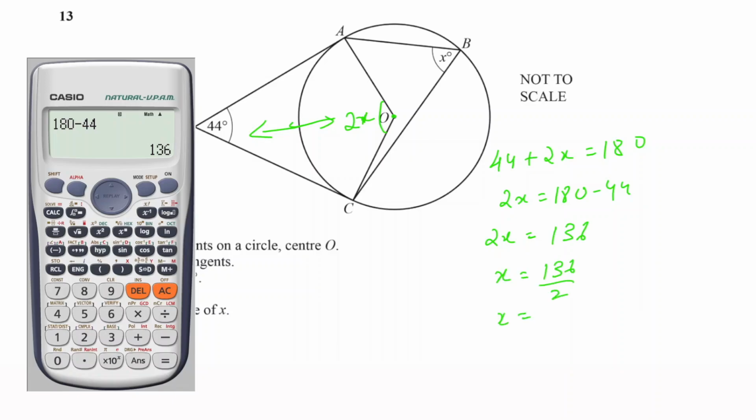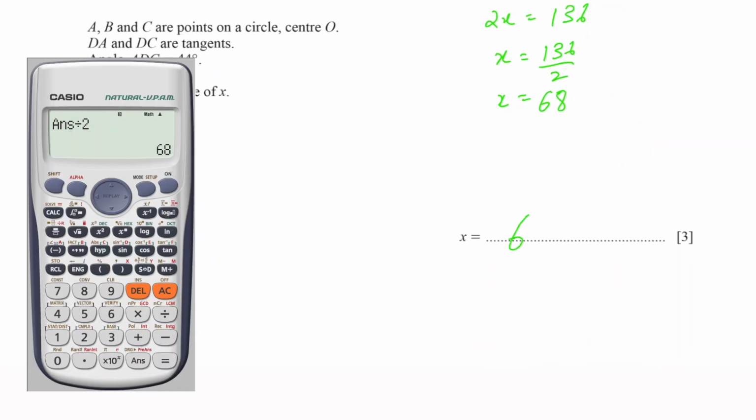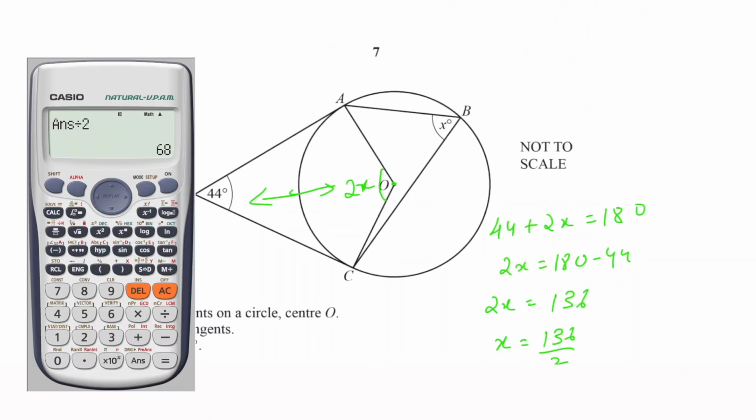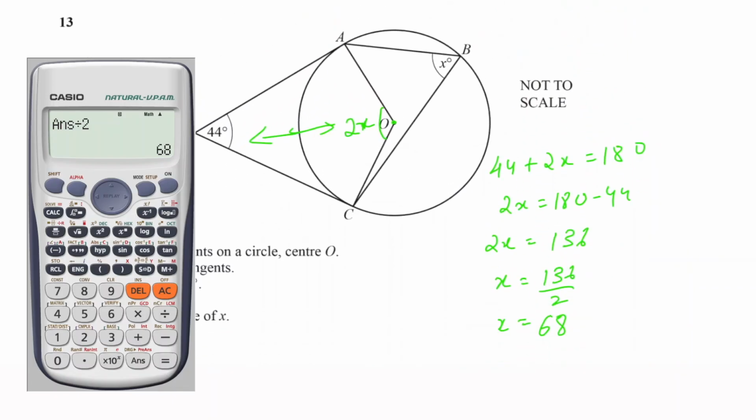So x equals 136 divided by 2, that is 68. Okay, so this is one of the ways I did. You might have some other ways to do it. So this is probably how I sorted it out. So that's all. Let's move on.